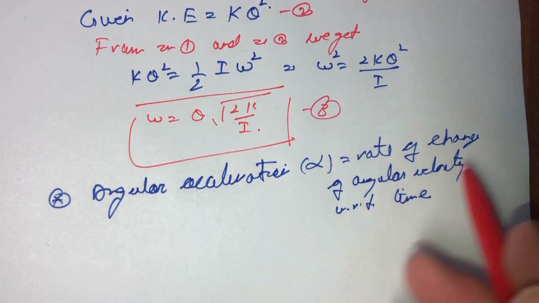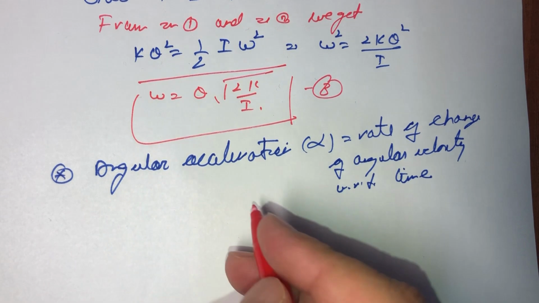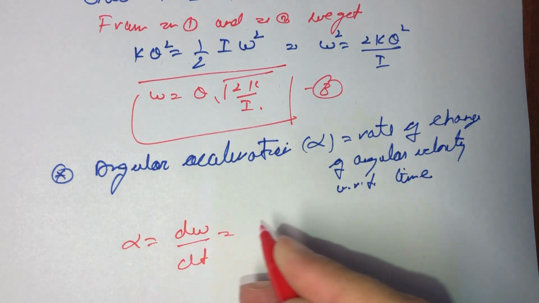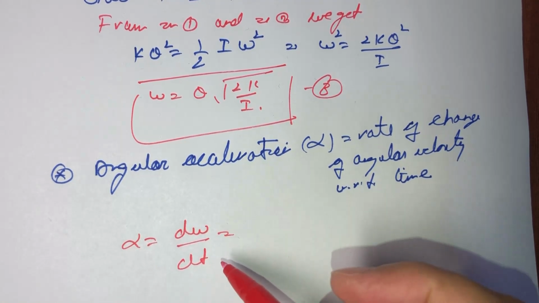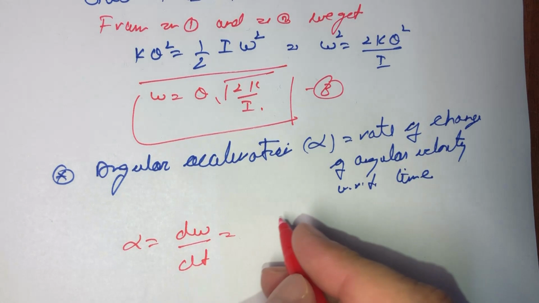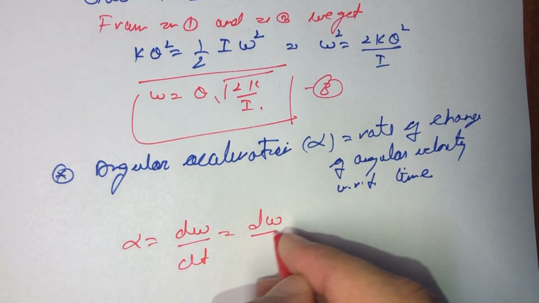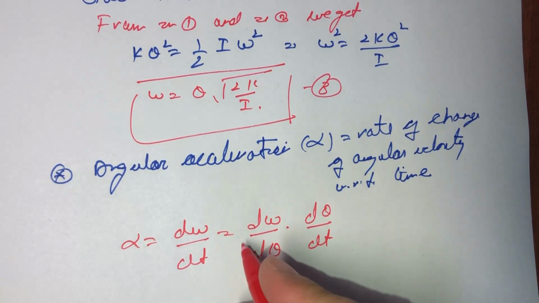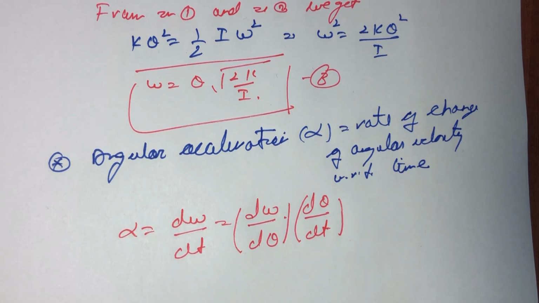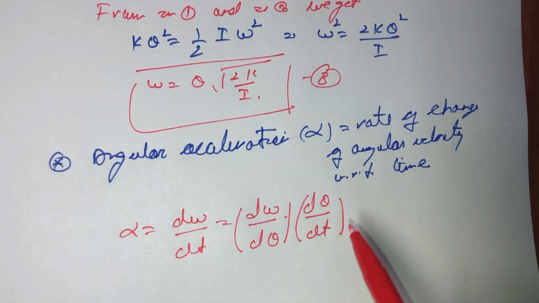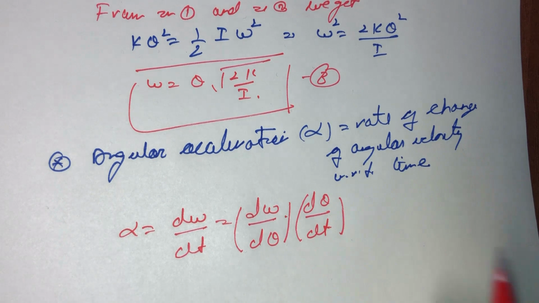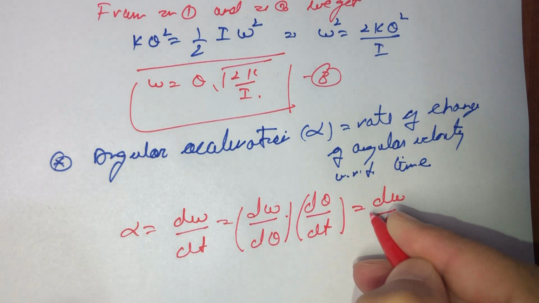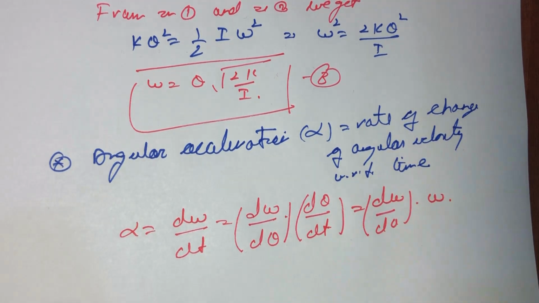So we can write that alpha is equal to d omega by dt, and we are going to introduce a variable theta such that we can write this as d omega by d theta multiplied by d theta divided by dt. And the rate of change of angle theta is nothing but our angular velocity. So we can write this as d omega by d theta multiplied by omega.